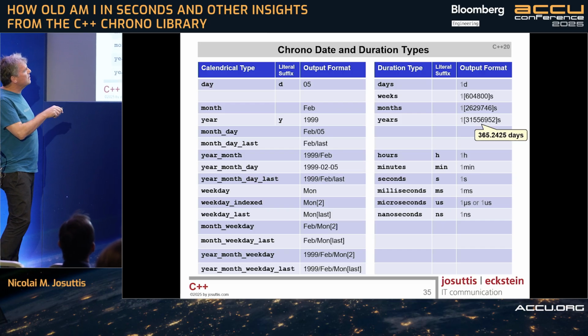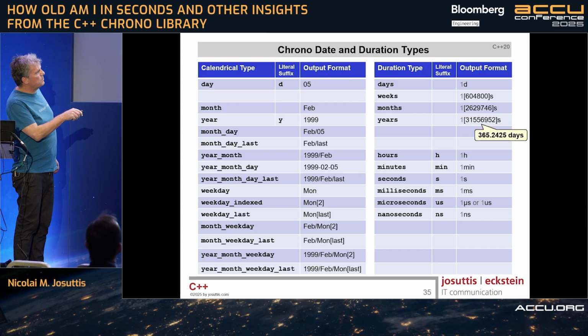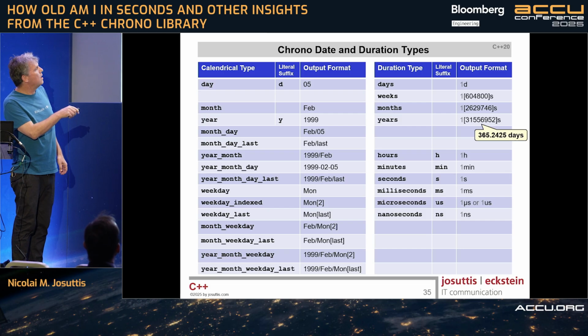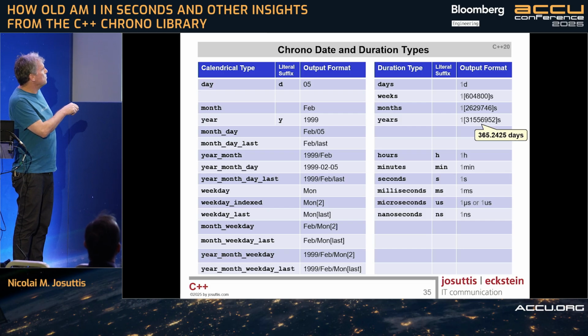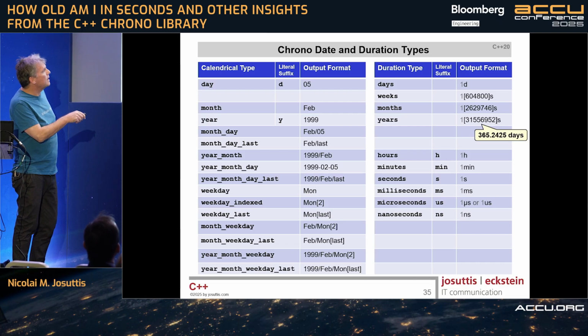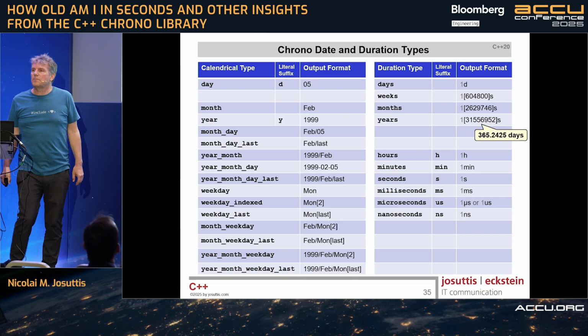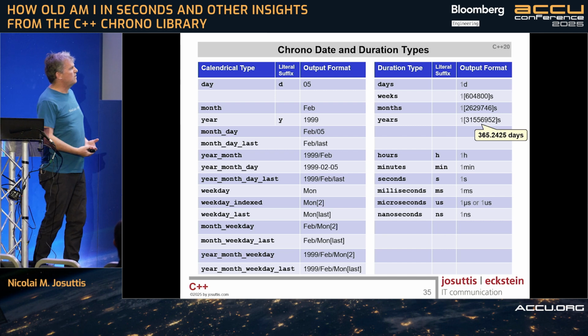That's a month_weekday, initializable with, I want to have the second Monday in February. You can see here month_weekday_last, initialized with, I want to have the last Monday in this month. So things like that can be specified.